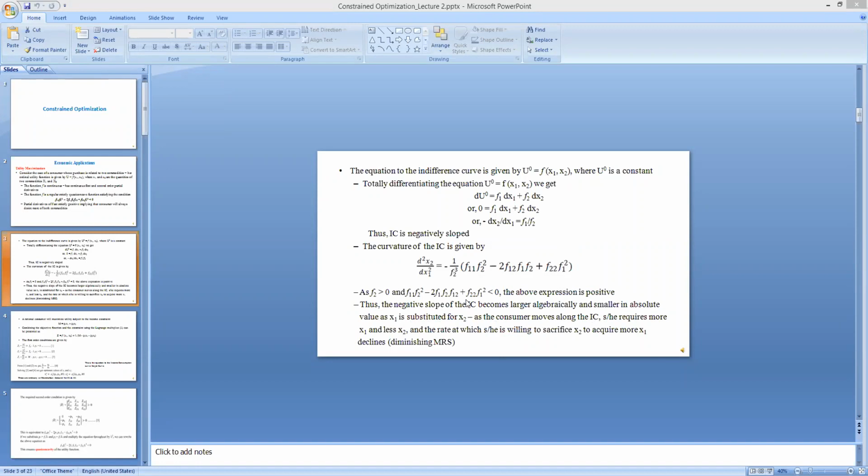It is related to the idea of diminishing marginal utility. MRS is declining throughout as you are substituting x2 continuously by x1. You need more and more of x1 to leave a very small amount of x2. So that is the thing.